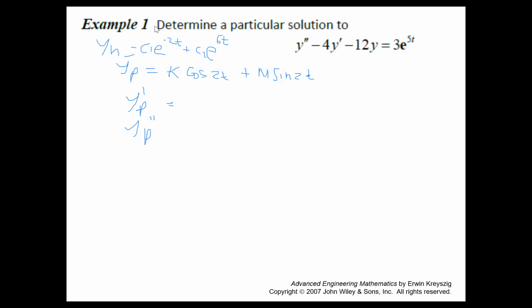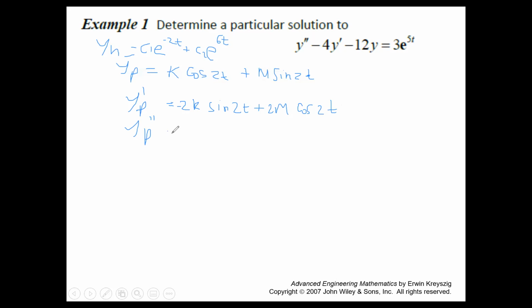In our case, YP prime, when you differentiate, becomes negative 2K sin 2t plus 2M cos 2t.